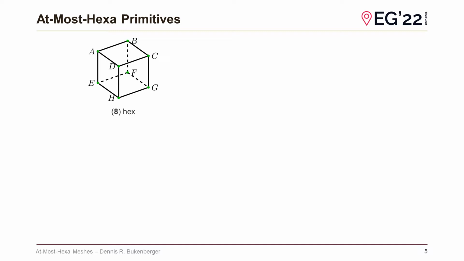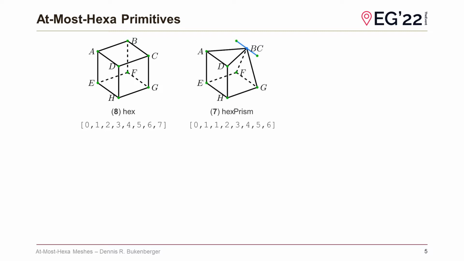Now a little introduction on what at-most-hexa actually means. Therefore, we can have a look at the primitives that we use in our mesh, where the base case is a hexahedron. We encode this as a tuple of 8 integers indexing the 8 vertices, enumerated here with letters from A to H. Smaller primitives are now constructed by collapsing edges of the hexahedron.